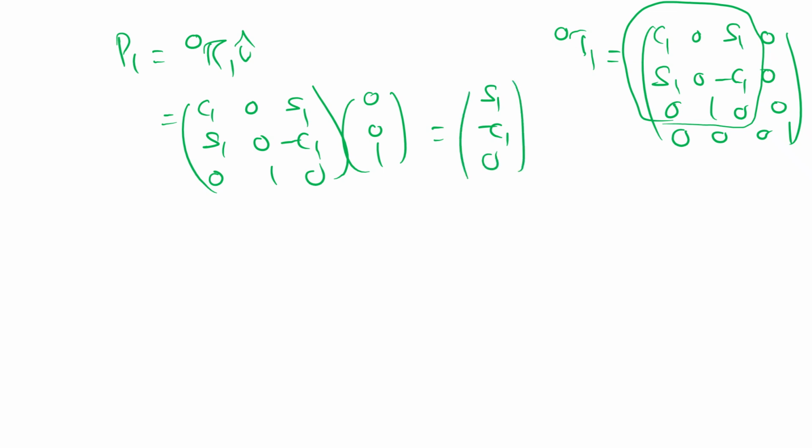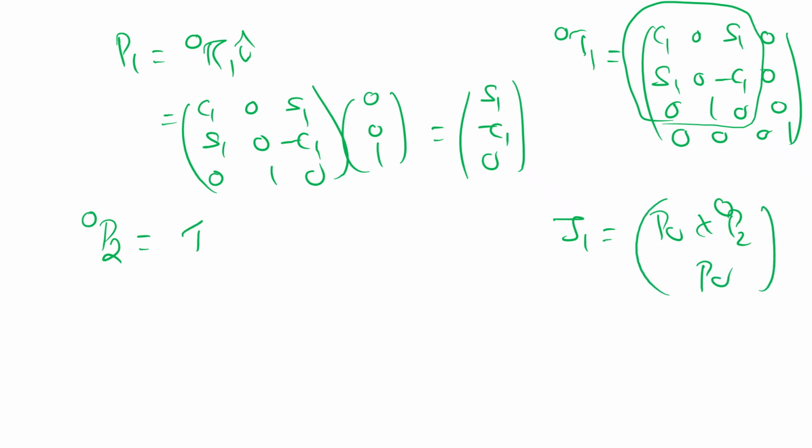Now we have everything, but we have to derive one more vector, P2 0, because for J1 the formula is P0 cross P2 0, and P0.